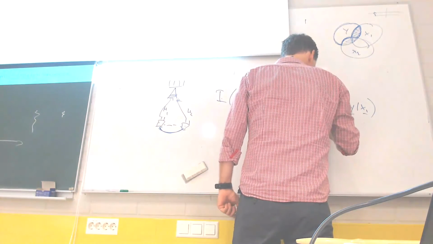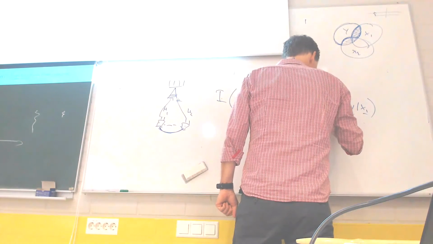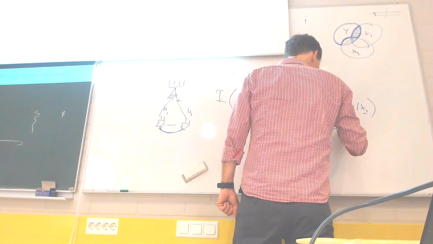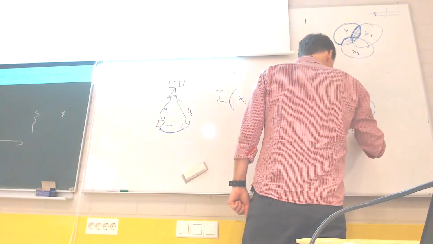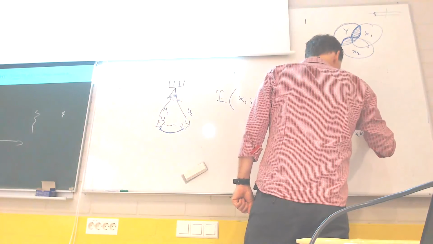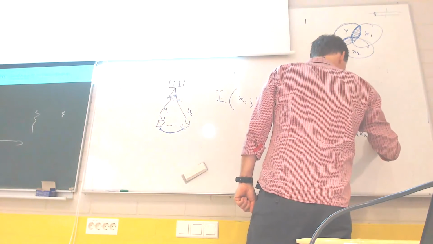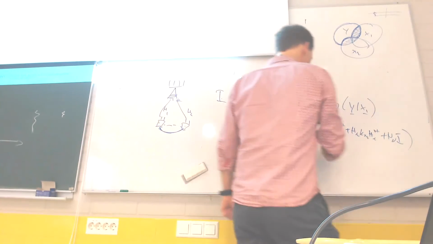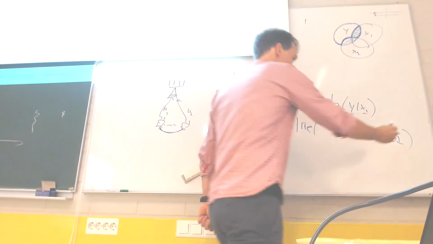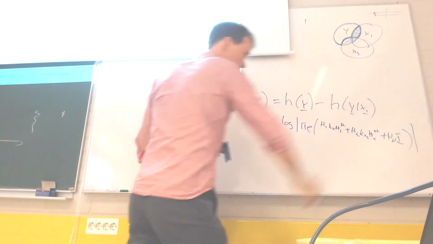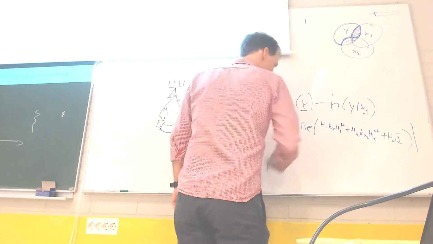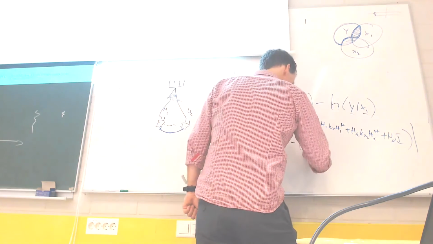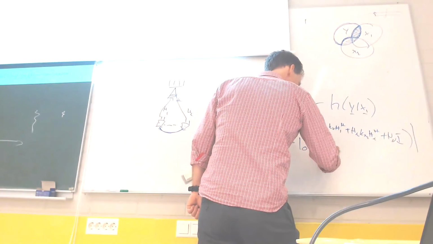We have H1 Kx1 H1 Hermitian plus H2 Kx2 H2 Hermitian plus N0 I. This is the differential entropy of y, minus log det of what?